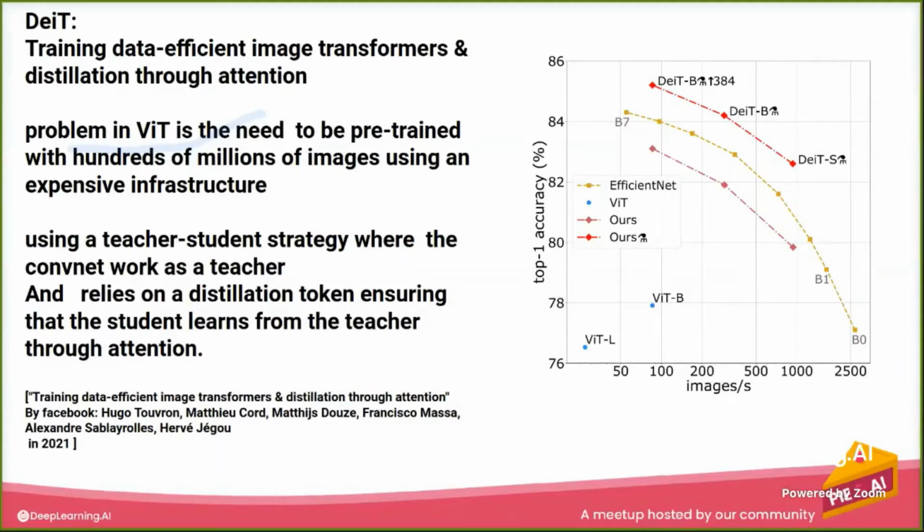So what Facebook does with this model is use a method called distillation, which is a teacher and student strategy, where there is a model working as a teacher that is trained on the data and gets good accuracy, and there is a student that tries to mimic the teacher's output. There are some modifications on this to make it work well with the transformer.